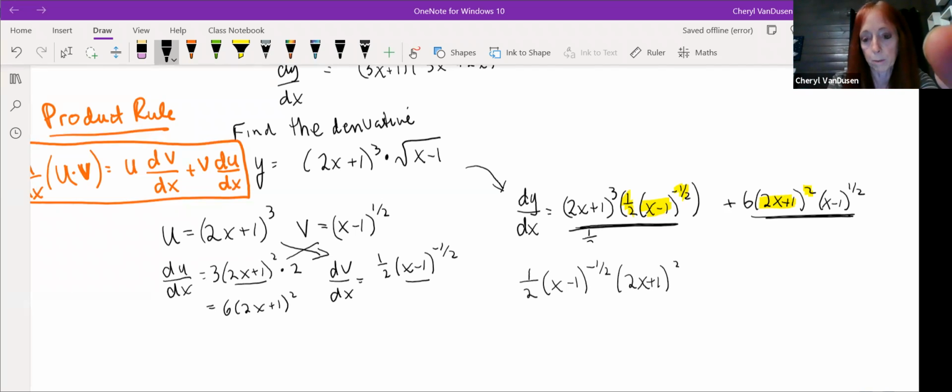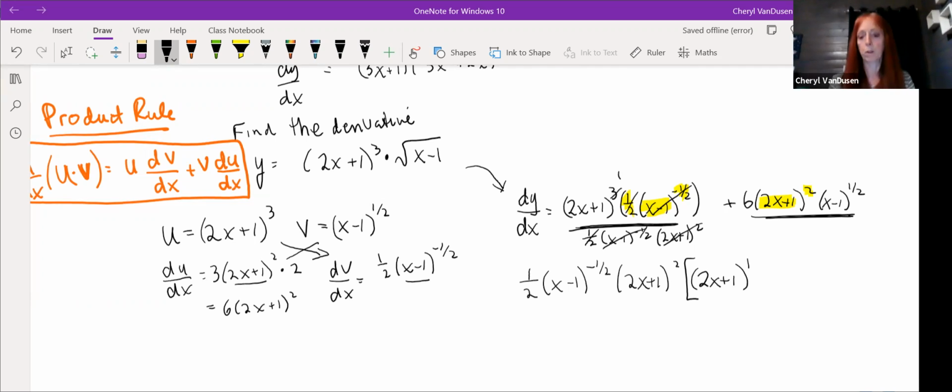I'm dividing this by 1/2 (x - 1)^(-1/2) and (2x + 1)^2. So quite nice. This cancels, this cancels, this cancels, this cancels, and this goes in here and just leaves an exponent of 1. So we open a new bracket, and all we have left for our first term is (2x + 1) to the first power. I'll leave the first power there so you can kind of track that that's the first term.